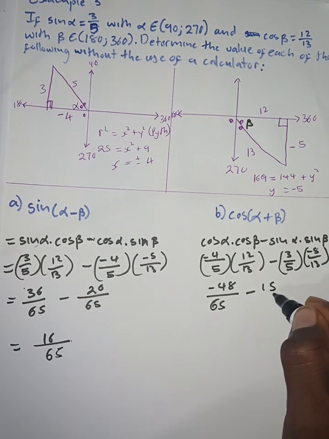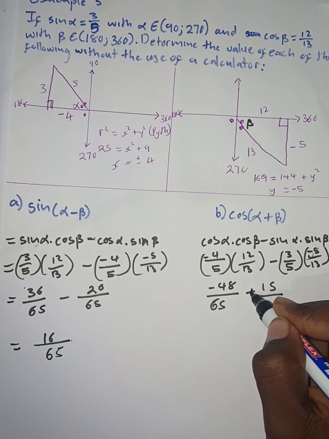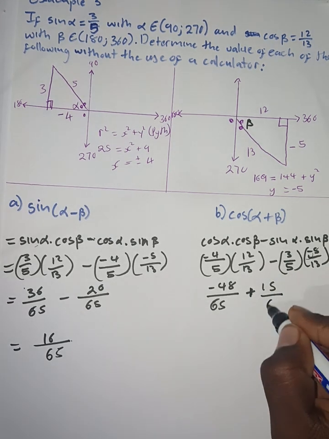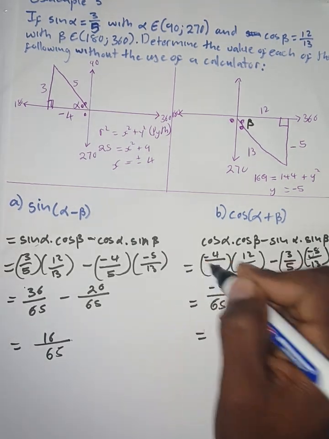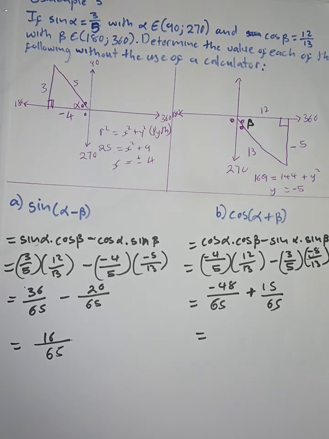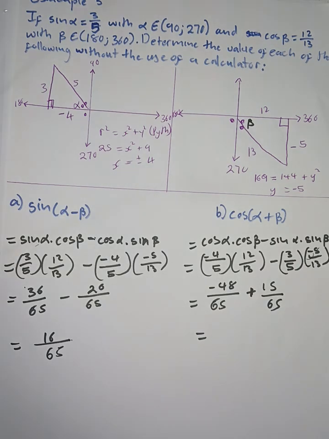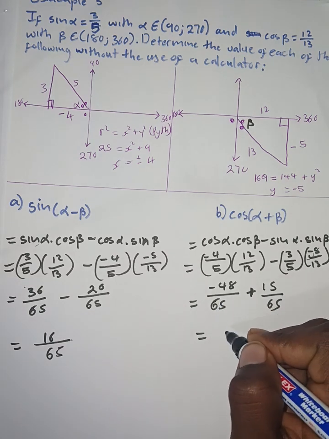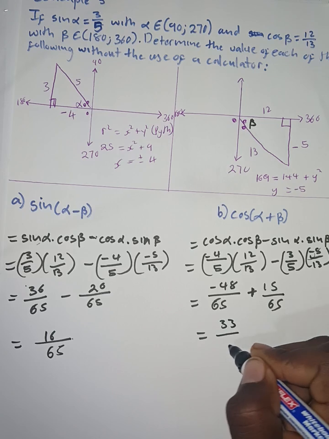We know that a negative and a negative give us a positive, so that would change to a positive there. 5 times 13, again, that's 65. And when you put those two together, what you would get would be 33 over 65.